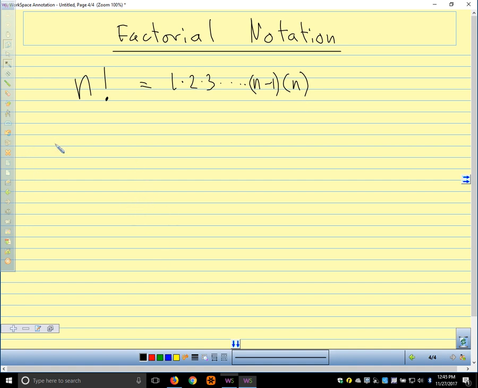So for example, 5 factorial is 1 times 2 times 3 times 4 times 5. The number, 1 less, 2 less, 3 less, all the way down to 1. And this is 120.